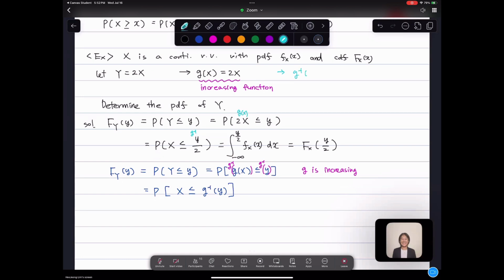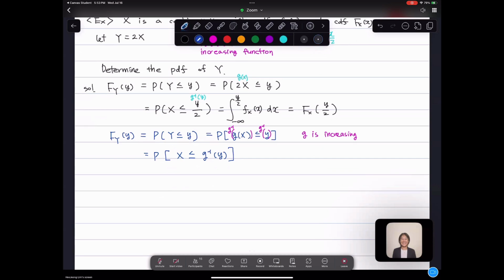If I have my g equal to 2 times x, then the inverse of it is x over 2. So my g inverse of y is y over 2. I'm just making it a little general. That was it. Now this is about the x random variable.